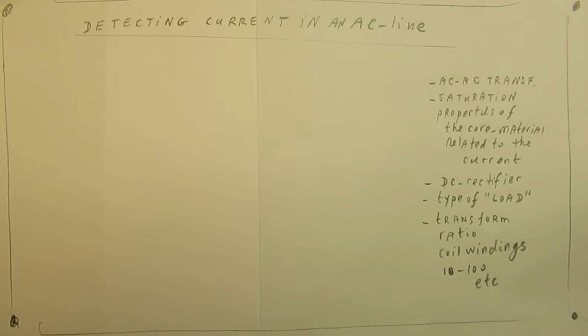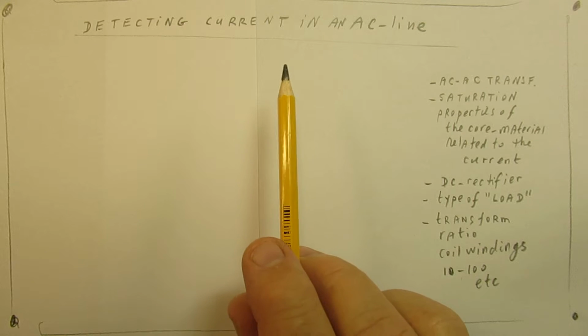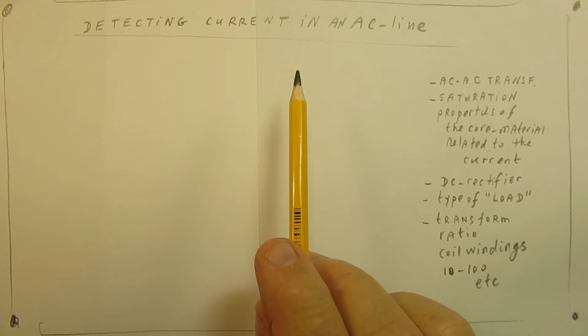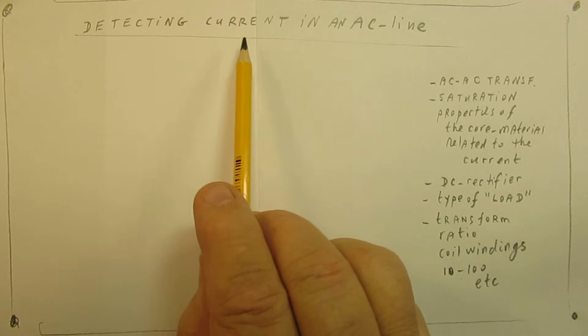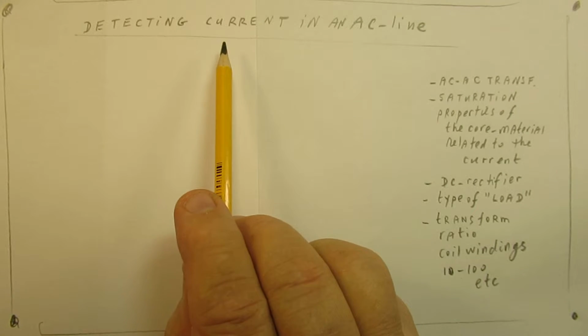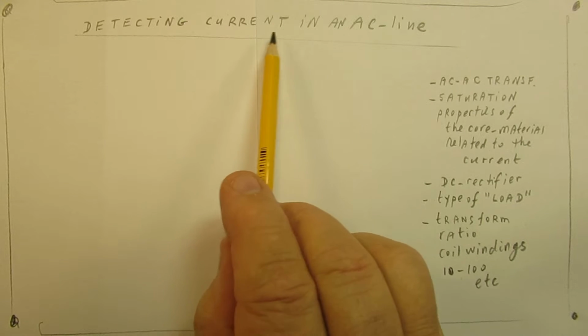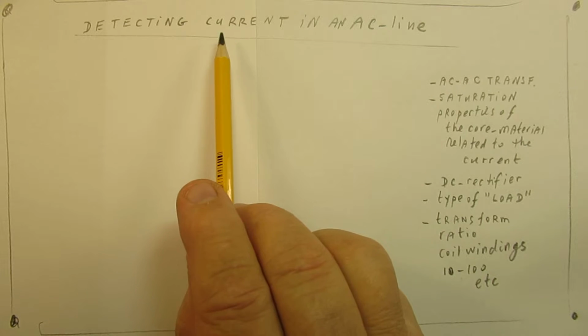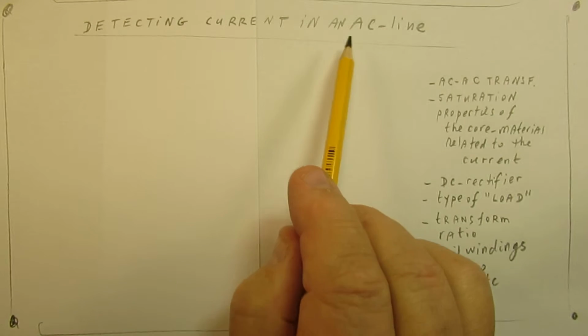He was interested in how to detect AC current in an AC line, especially the current that flows there, to get an indication about that current, and furthermore not only an indication but switching something when that current in an AC line changes.